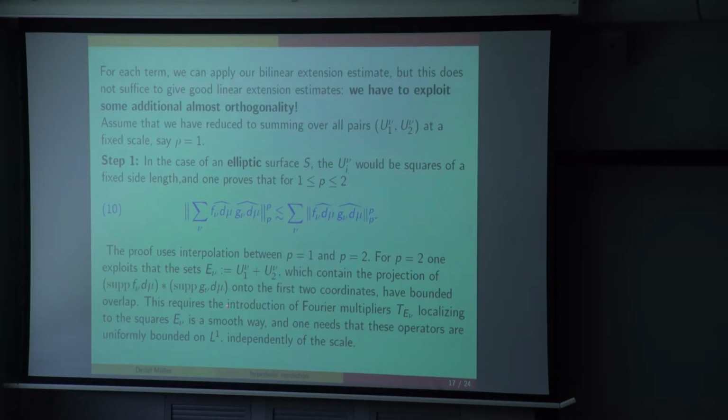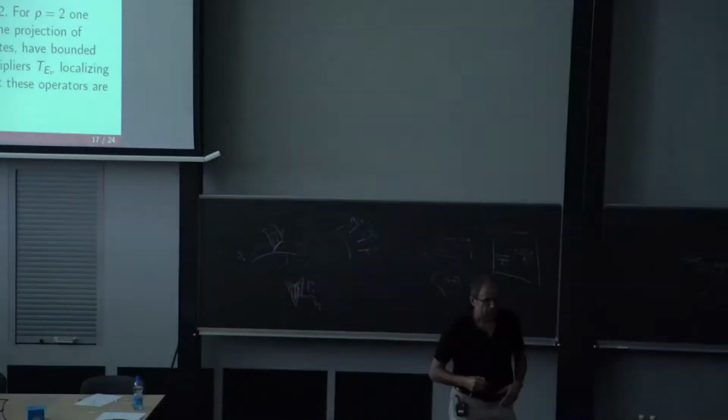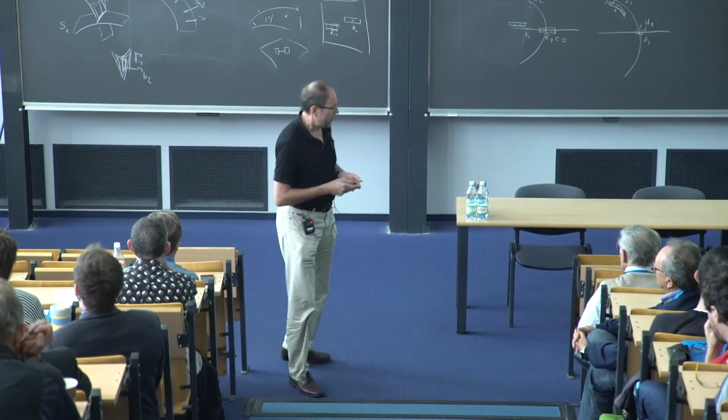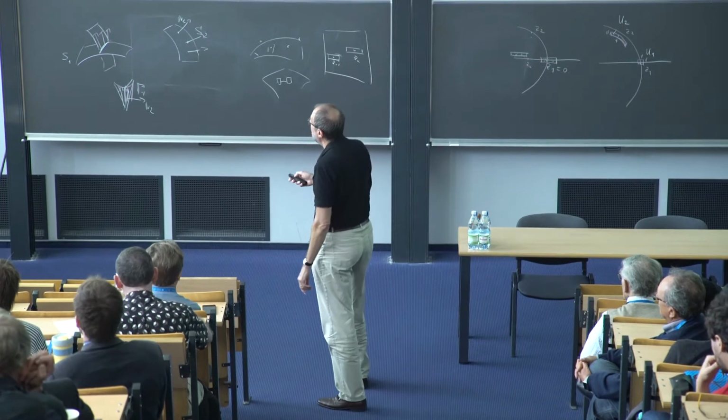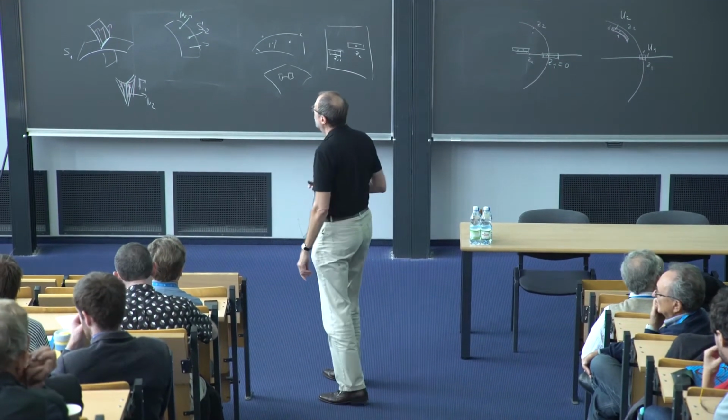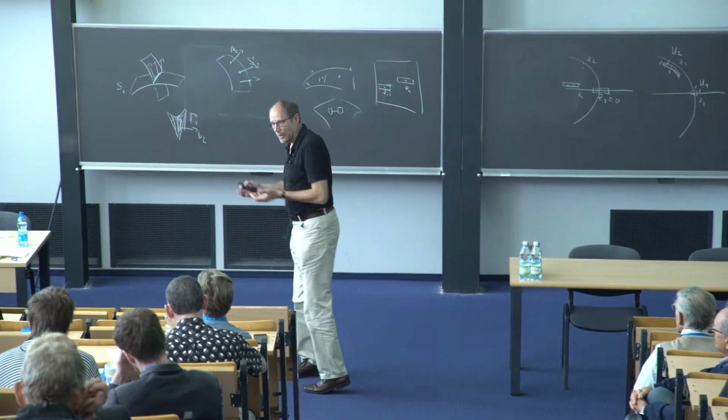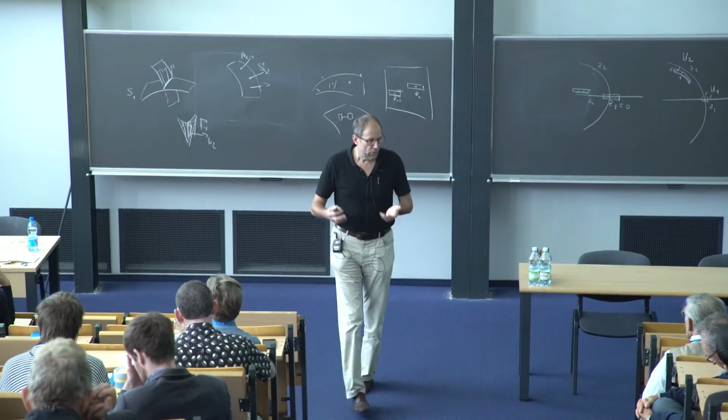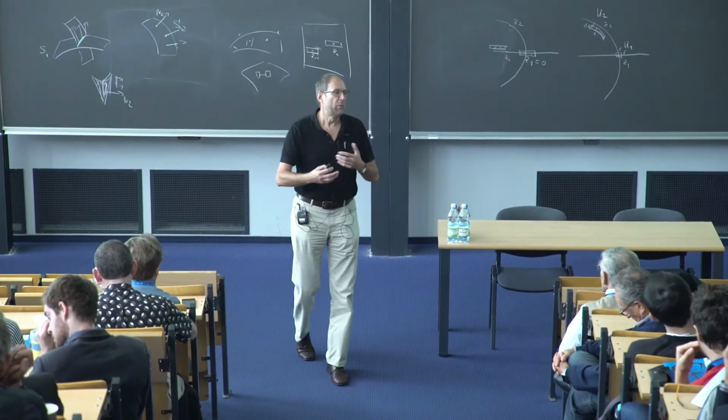And of course, what one really uses and exploits is the fact that if you take these boxes here in the elliptic case, which are just square boxes and which are not too far apart, the sum of these two boxes, and these are the sets E sub nu, they're again basically squares of size, let's say, 2q times 2q, and they have a bounded overlap.